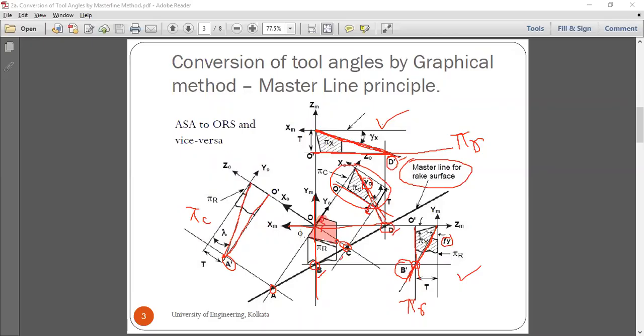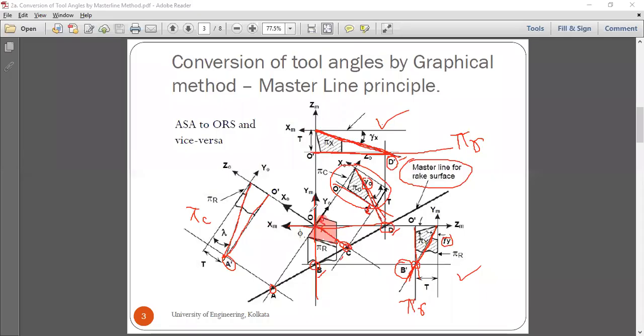So we are drawing a perpendicular from this point C dash, and we'll see that the perpendicular intersects this master line at point C. Again, if you see this, at which point will it intersect? At the point where this O has intersected, OC.